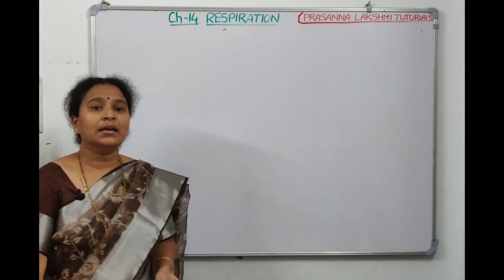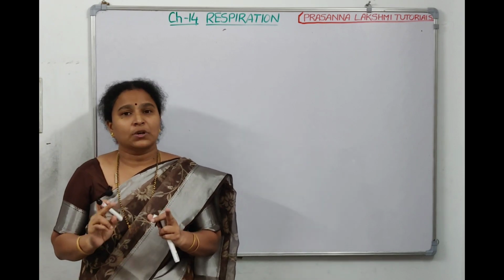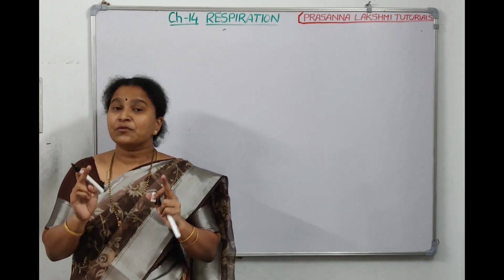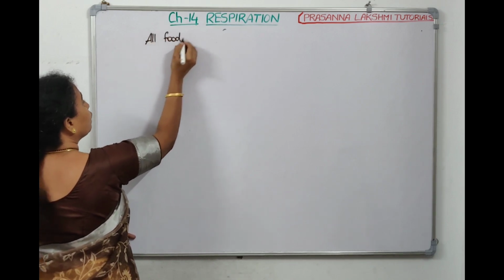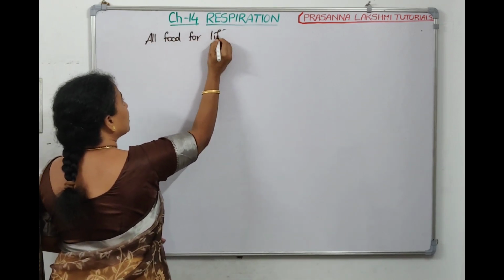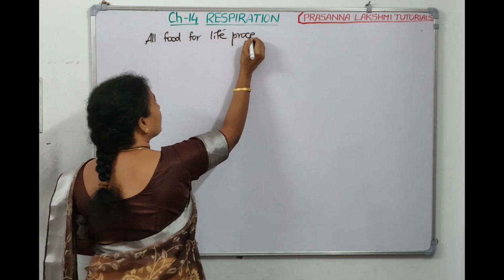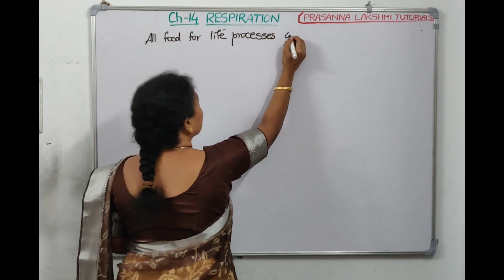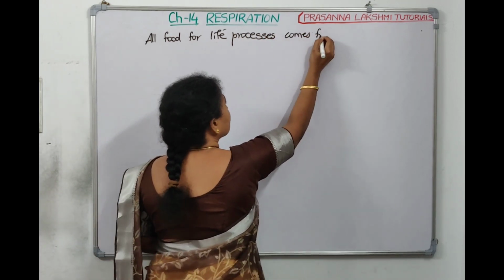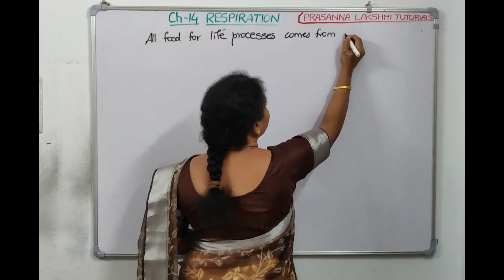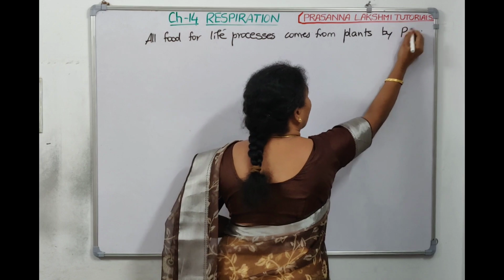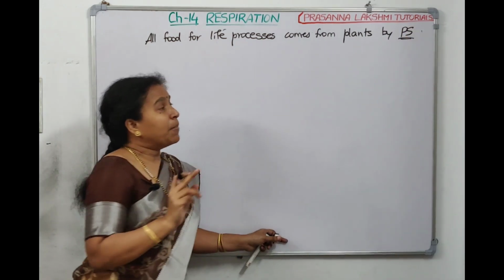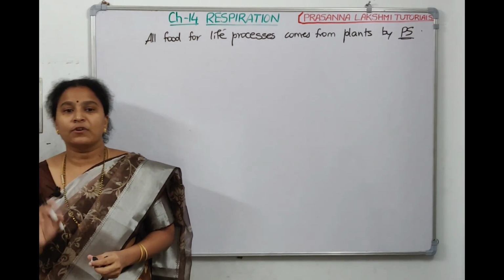So all the food for our life processes comes from photosynthesis only. From where does it come? It comes from plants by a process called photosynthesis. By a process called photosynthesis only, food is prepared.